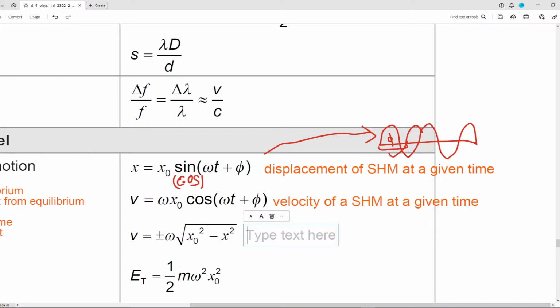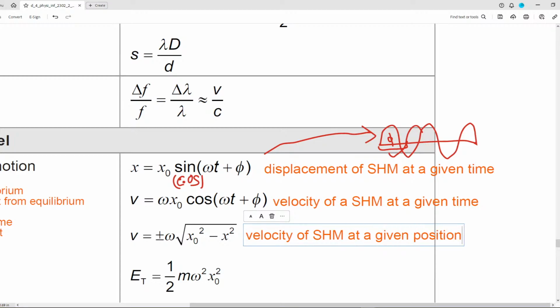But using conservation of energy, notice x0 is constant, the amplitude is constant, omega, the angular frequency, is also constant. The only variable here is actually x. It looks like a bunch of variables, but the only variable here is displacement. So this is actually the velocity of a simple harmonic oscillator at a given position.